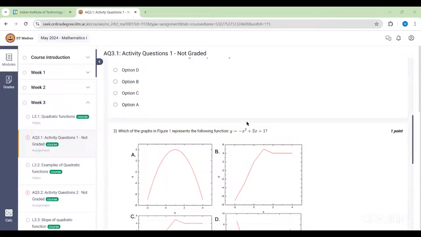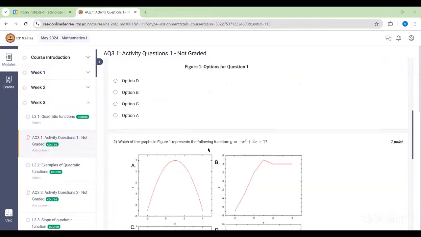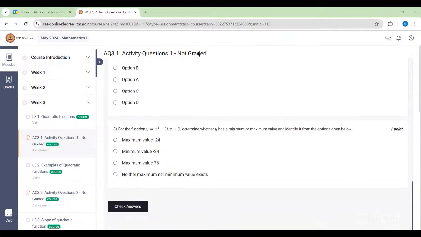We'll go to the practice assignment at the end. We have started with the activity, so let's complete the activity questions first, and then we'll move to the practice assignment. If there is no doubt, you can just thumbs up and I'll know.